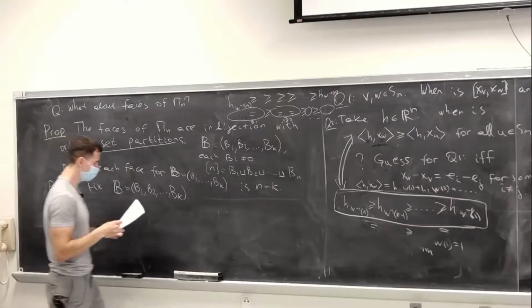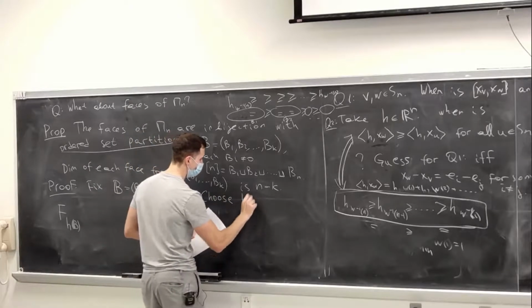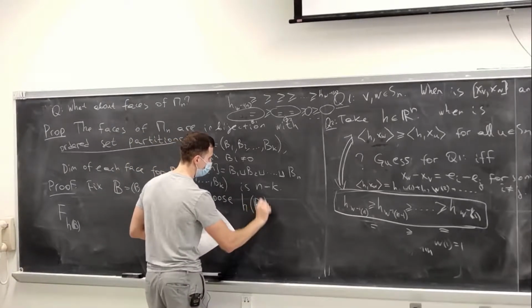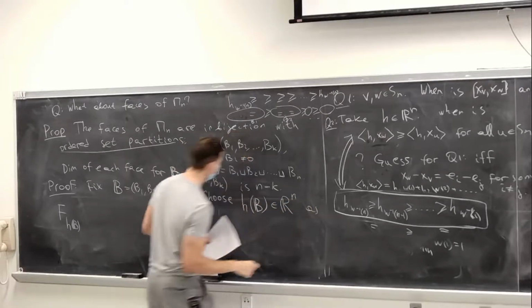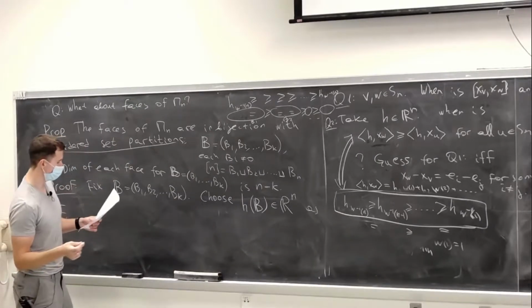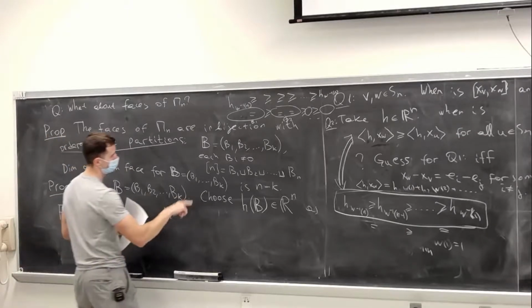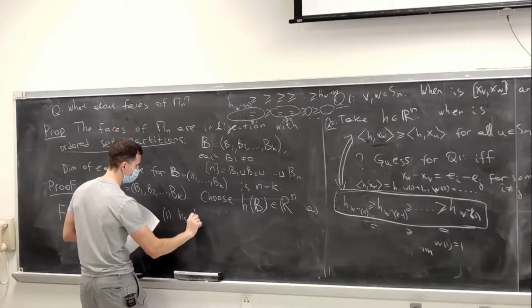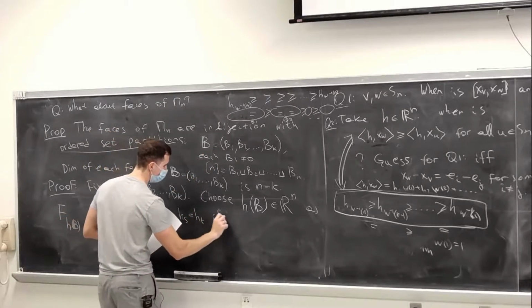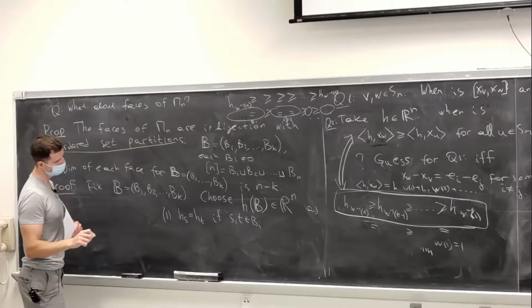So I can actually do that pretty easily. Choose h of B in R to the n, so I can choose my vector satisfying the following two conditions. First, I want the coordinates inside each part to be the same: h_s is equal to h_t if s and t belong to the same part.